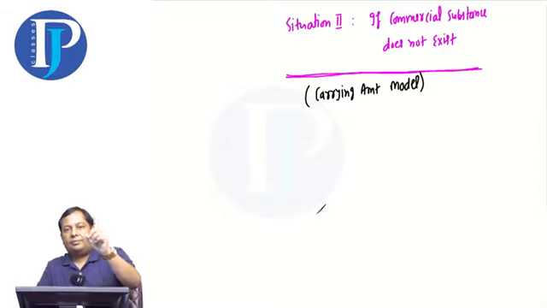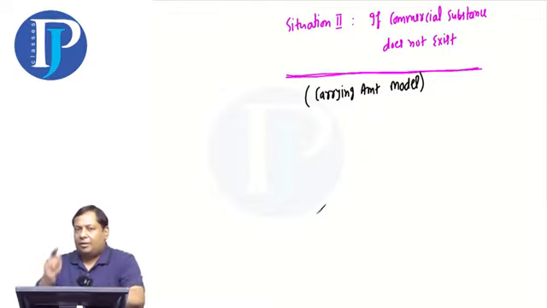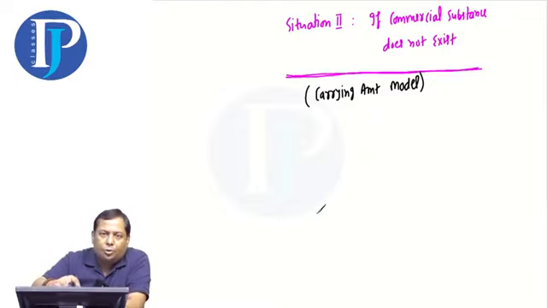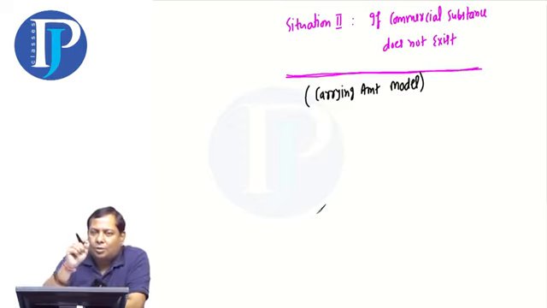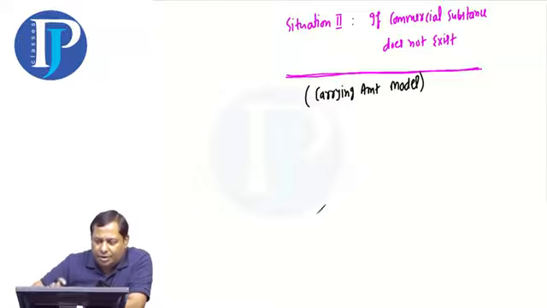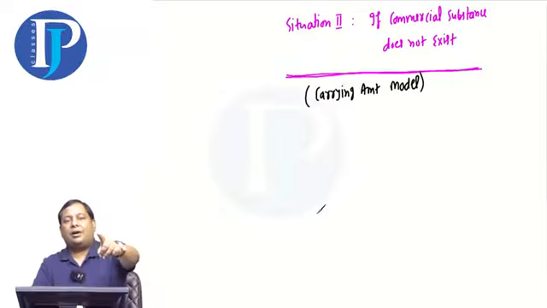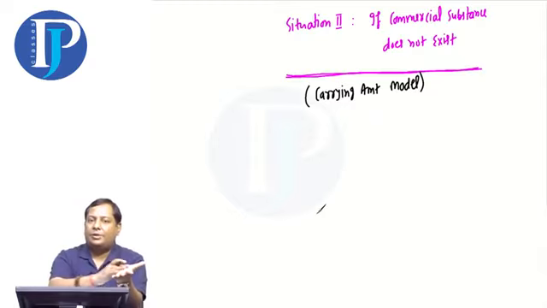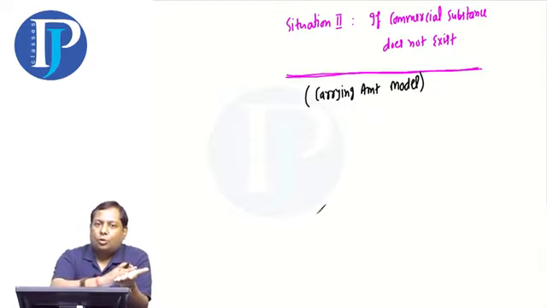The first thing is, please listen to me carefully. Be attentive. We will only assume situation 2 when the practical question clearly states that there is no commercial substance. If this is written, only then we will assume it. Otherwise, our answer will be based only on situation 1. Like I showed you in the example from the study material, there is nothing mentioned about commercial substance.